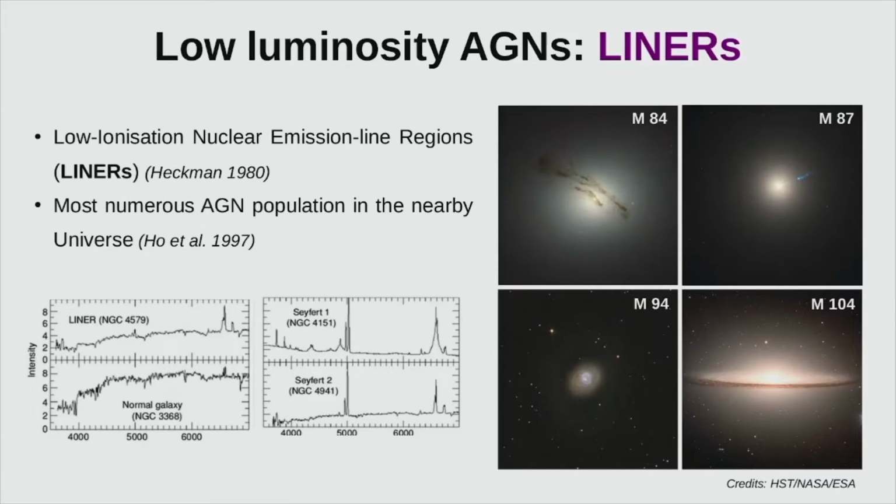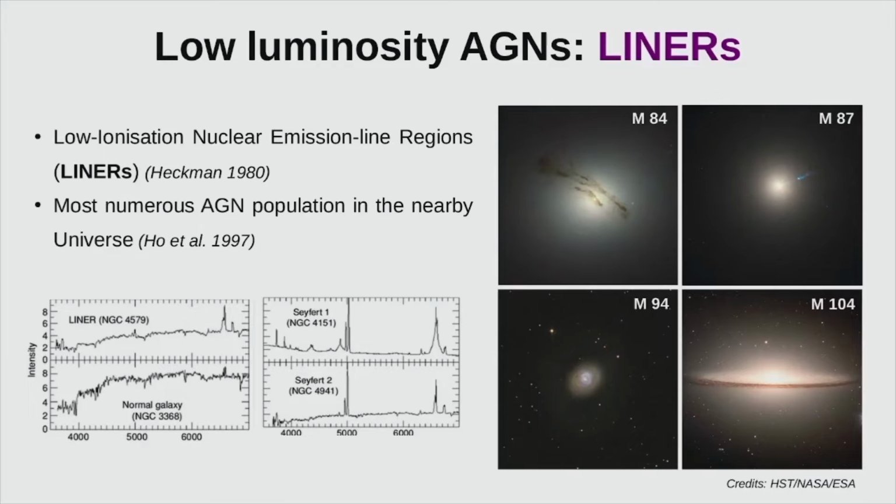So the word LINERs stands for Low-Ionisation Nuclear Emission-line Regions, which essentially means that if we look at their optical spectrum, we find relatively intense low ionization emission lines with respect to other high ionization emission lines, such as, for example, oxygen 1 with respect to oxygen 3, which typically is the other way around for more luminous AGNs such as Seyferts. So here you see the oxygen 3 really intense with respect to oxygen 1.